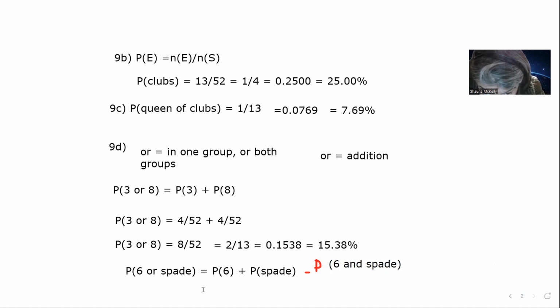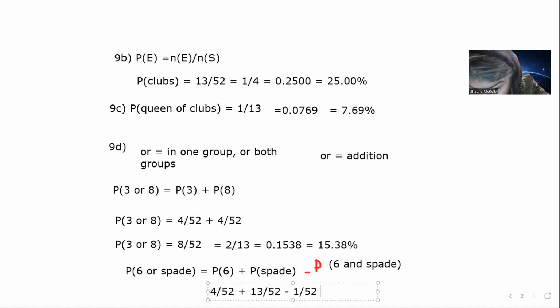So this is going to be 4 out of 52. Spades is 13 out of 52. Now here, remember I counted 1 card twice, which was the 6 of spades. So I'm going to remove 1 of the cards, 1 out of 52. And so I have 4 plus 13, that's 17, minus 1 is 16.